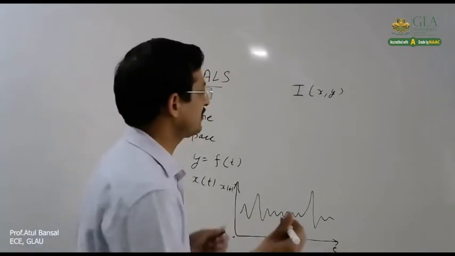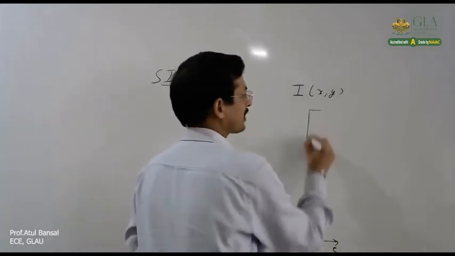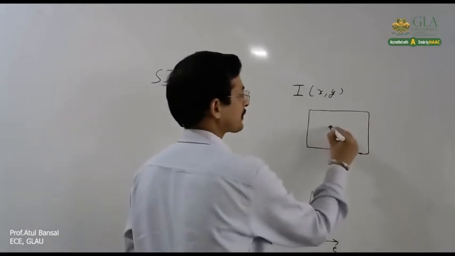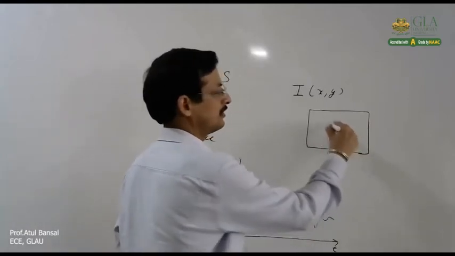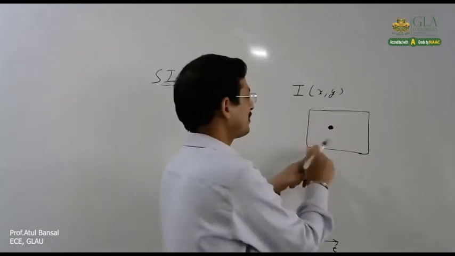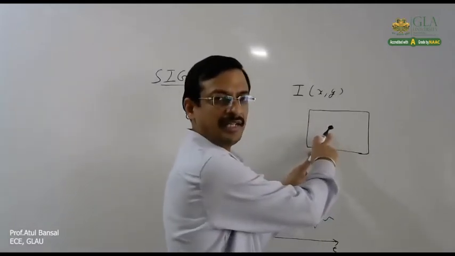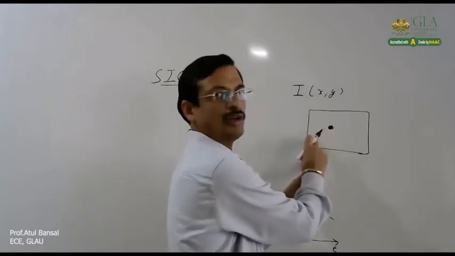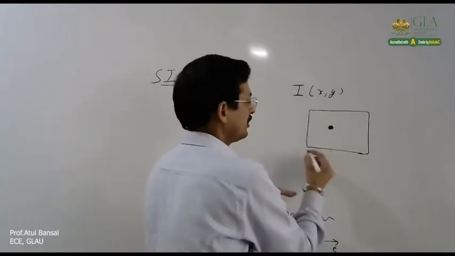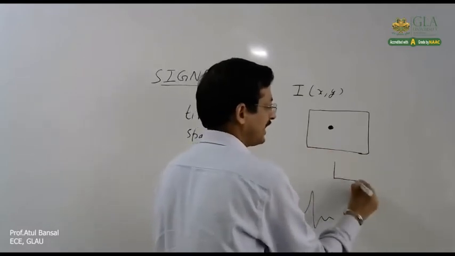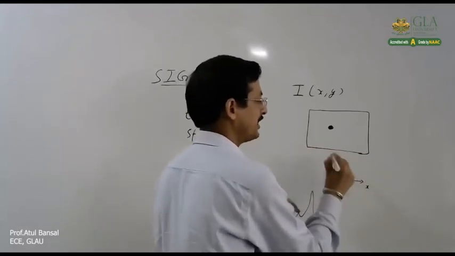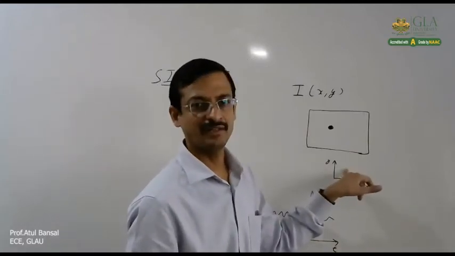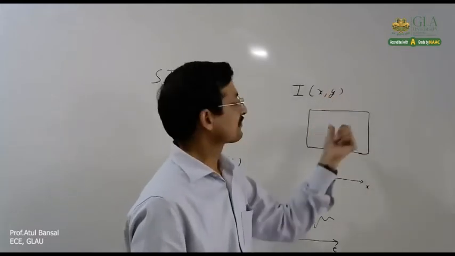This image, if I say, is some image where there is this dark circle. What it indicates is the intensity of the pixel, or the intensity of light, at that particular point, whether it is black or white. So if this is the x coordinate and this is the y coordinate, then with respect to these spatial coordinates, at any point, what is the intensity of light? That is what is being conveyed by this image.